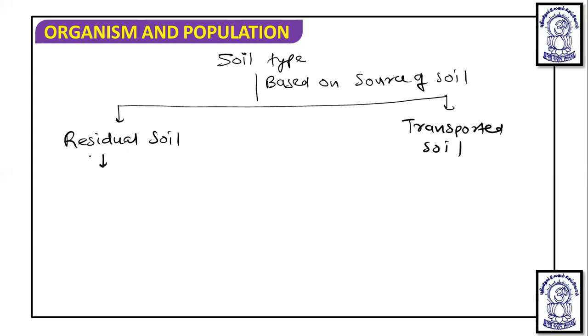Residual soil develops in situ from parent rock, meaning it is formed at the particular position by the breakdown of the rock. In situ means in the original habitat or original site, not outside it. So if a particular soil forms due to the breakdown of a rock in a particular region, it is known as residual soil.